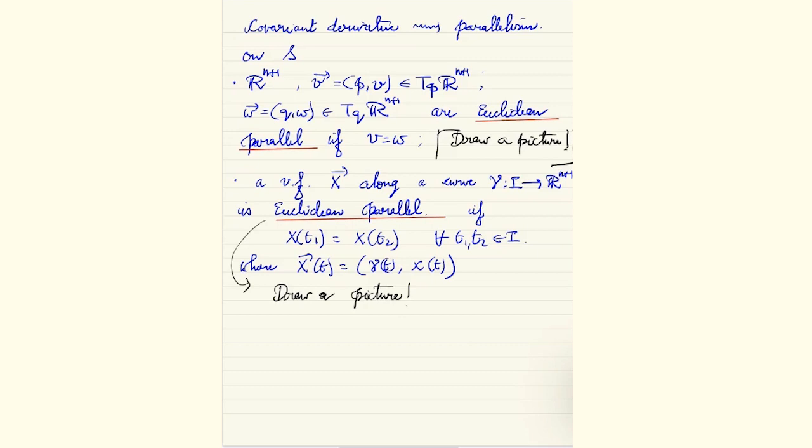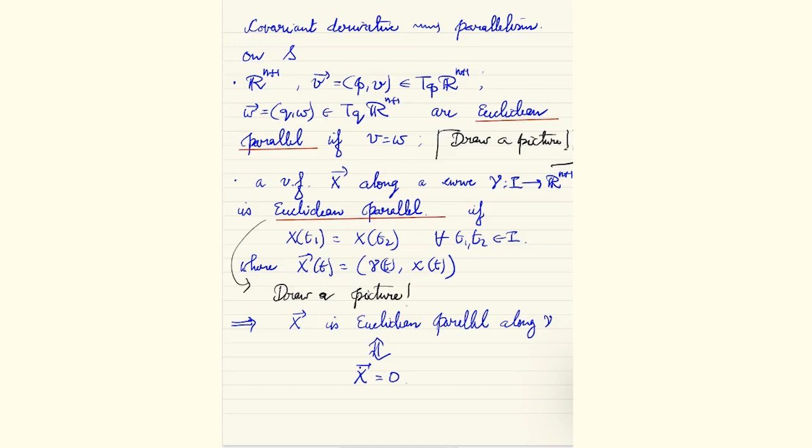From this, what you see, from the definition of Euclidean parallel of a vector field along a curve, this immediately forces that a vector field x along gamma is Euclidean parallel along gamma if and only if x dot is actually 0.